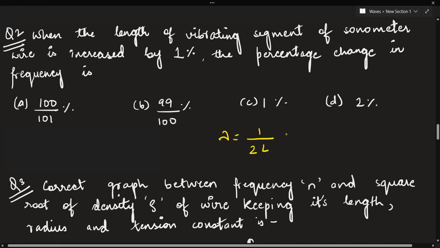Frequency is basically 1/2L times under root T by M. Now, if the length of the vibrating segment of the wire is increased by 1%, we have to calculate the percentage change in the frequency. So just try this. What should be the answer? You don't even have to calculate much in this.